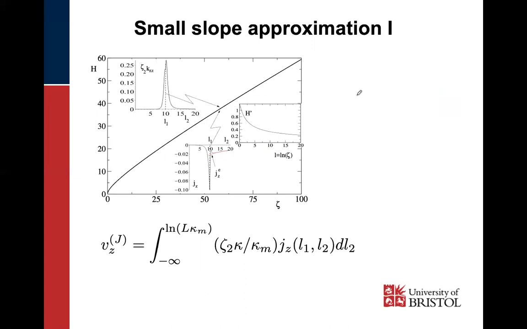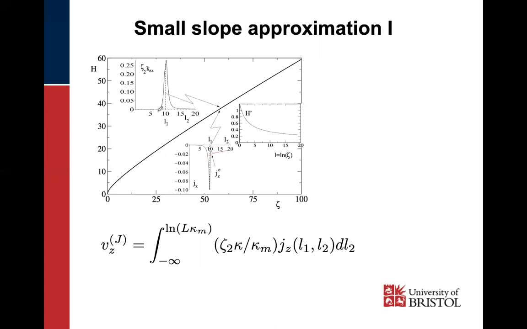But let me just go back. The even more important observation is that, as you can see, for example, here, if you plot the kernel of any of these integrals as a function of the integration variable L2, you see that the kernel is very sharply peaked around the value L1 I'm looking at.